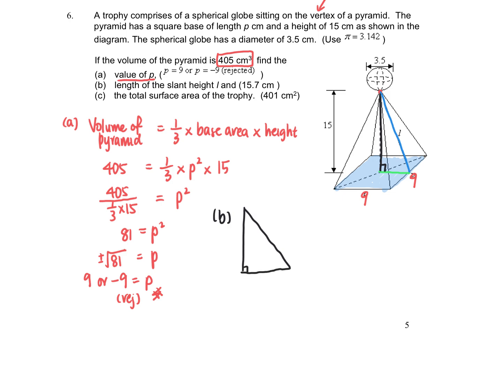I know my vertical height is 15. I want to find L. What is the base? 4.5. Because it's right in the middle, the whole thing is 9. So this must be half of 9. So this is 4.5. So Pythagoras theorem says that L is 15 square plus 4.5 square.